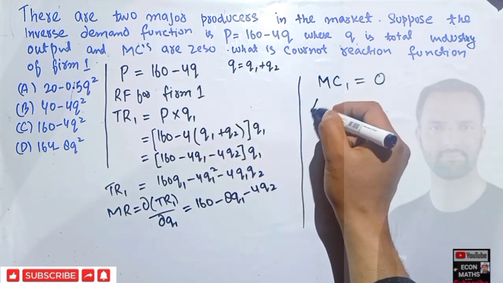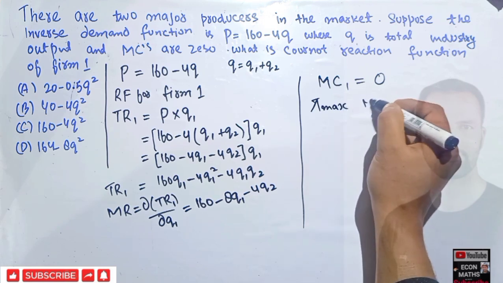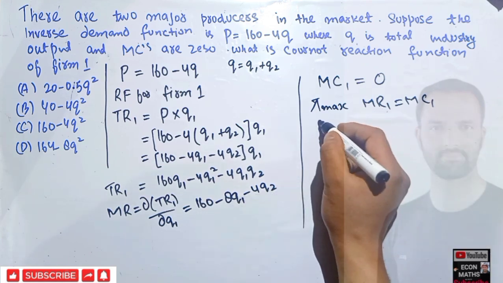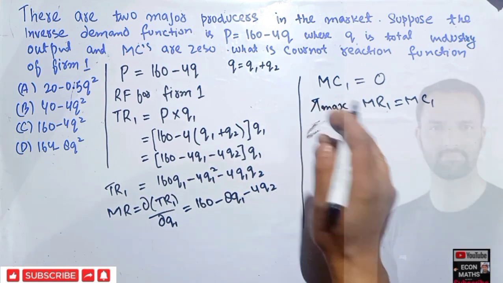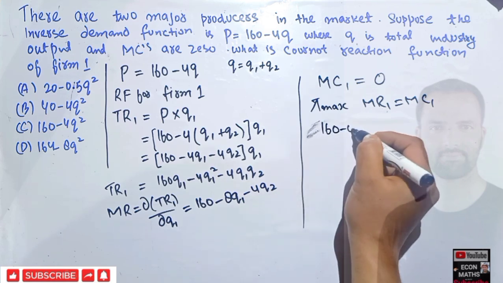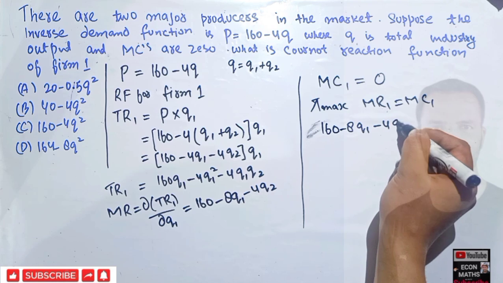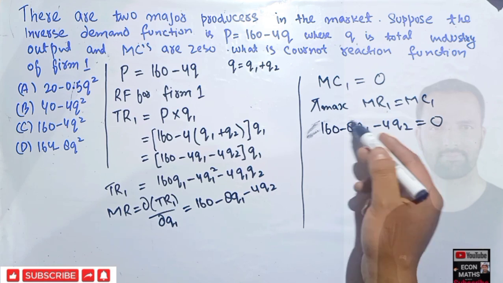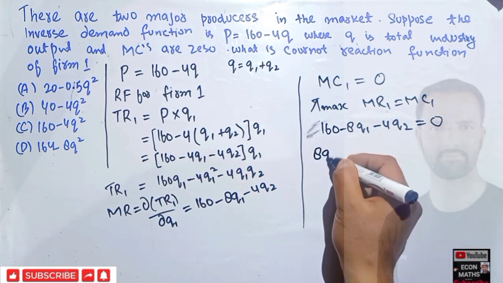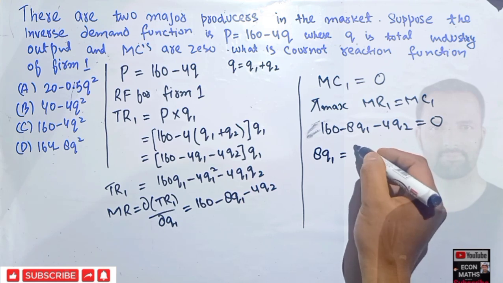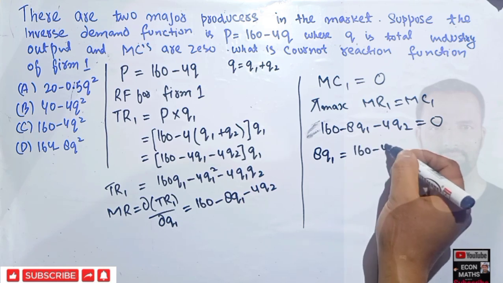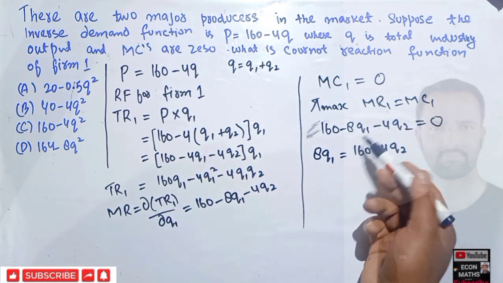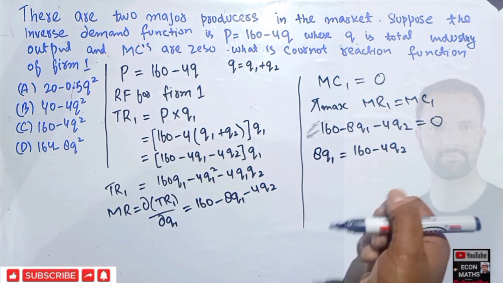Now for profit maximization, we require that marginal revenue for firm 1 should be equal to its marginal cost. This is our marginal revenue: 160 - 8Q1 - 4Q2 should be equal to 0, because marginal cost is 0. Now solving for Q1, if we transpose 8Q1, it becomes positive, so 8Q1 = 160 - 4Q2. Then Q1 = 160/8 - (4/8)Q2, that is 20 - (1/2)Q2.